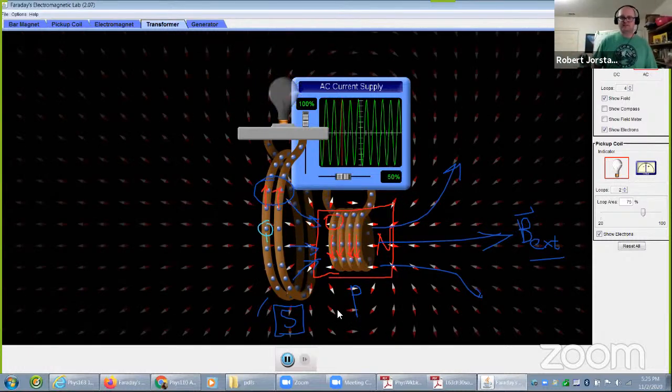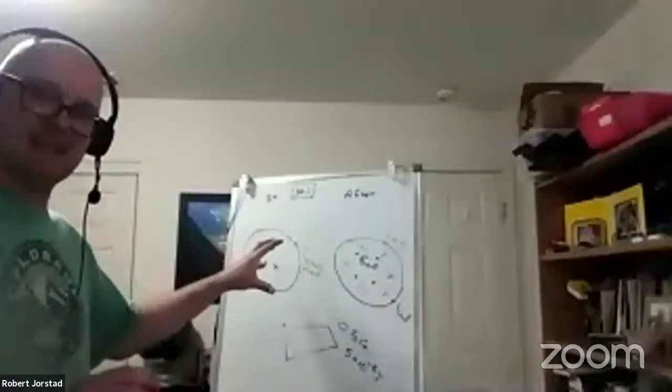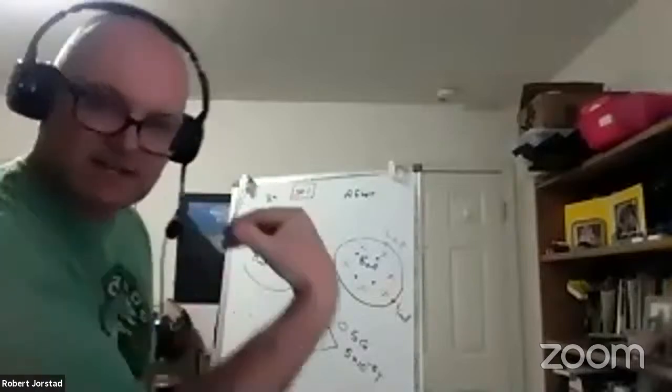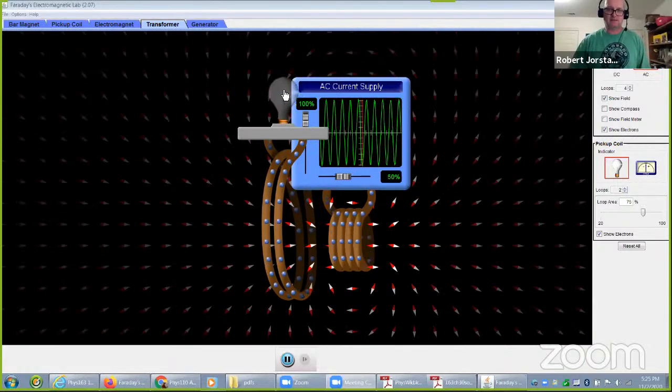And so notice the complicated pictures that we were drawing on the board with these dots and these X's are supposed to represent the B field going into the page, then out of the page, then into the page, then out of the page, like this. And so what you do is you get this crazy induced current, and we can use that.